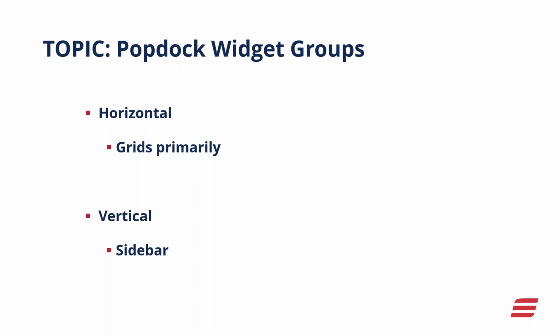And we're probably primarily talking about a grid layout, where you have multiple records that you're pulling with multiple columns and showing that. So that's the primary layout if we're doing a horizontal layout.